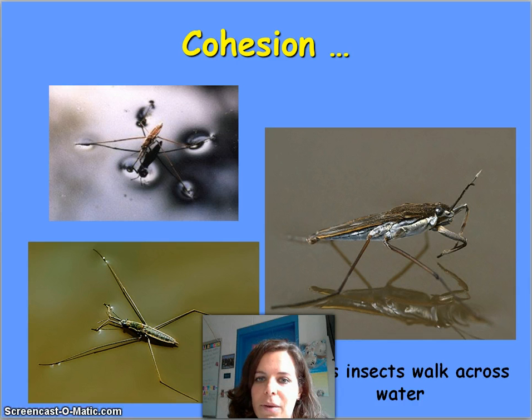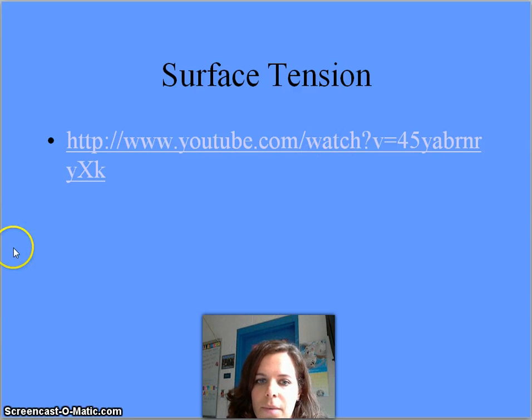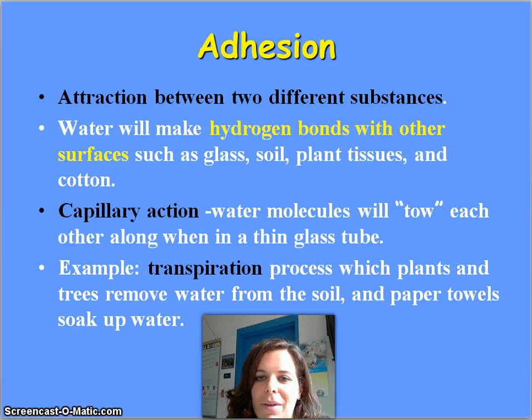So here are some examples of cohesion and surface tension, and you can see that insects are walking right across the top of the water. And I'll show you the YouTube example on a later date. So that's cohesion, the attraction of water to itself.